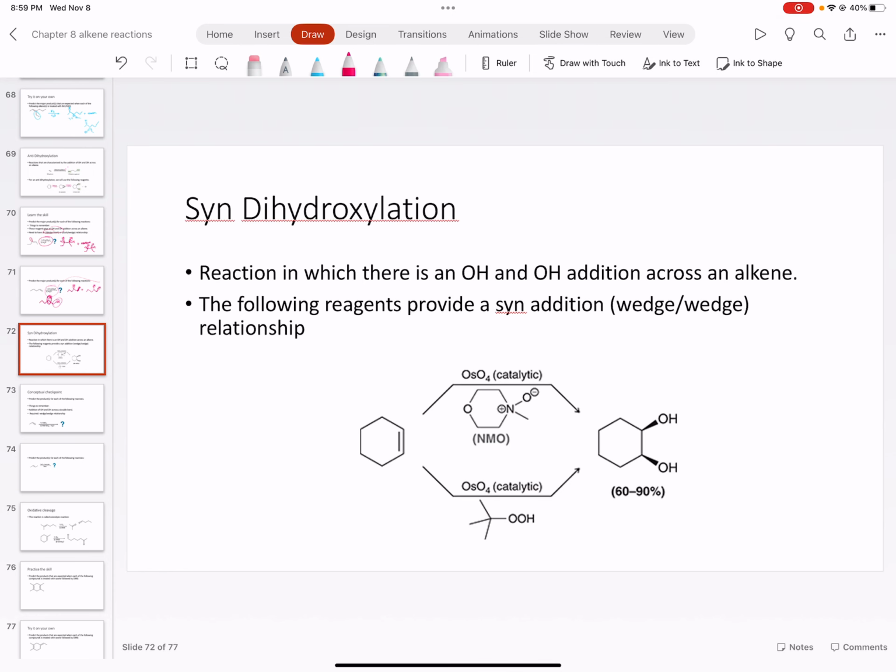So then, since dihydroxylation is the reaction in which there is an OH and OH addition across an alkene, the following reagents provide a syn addition of wedge and wedge relationship.